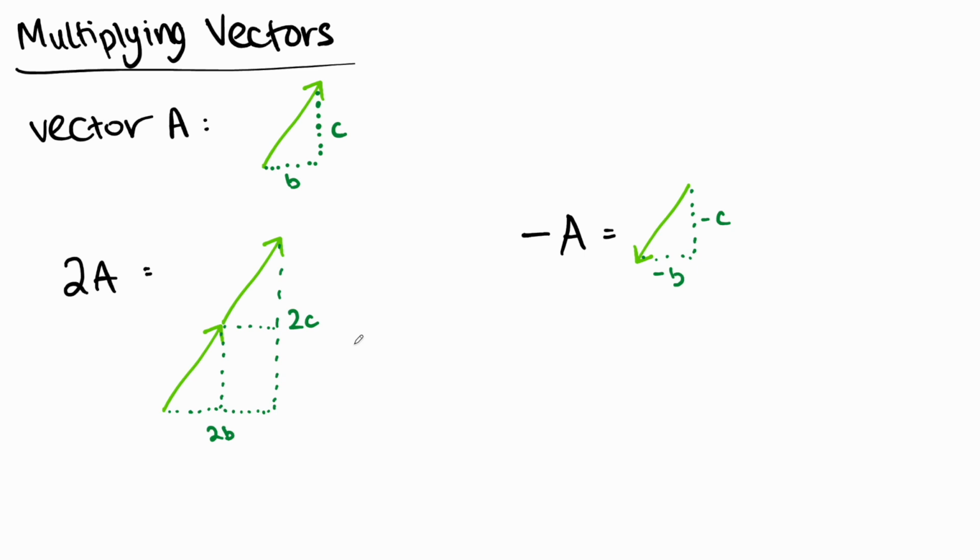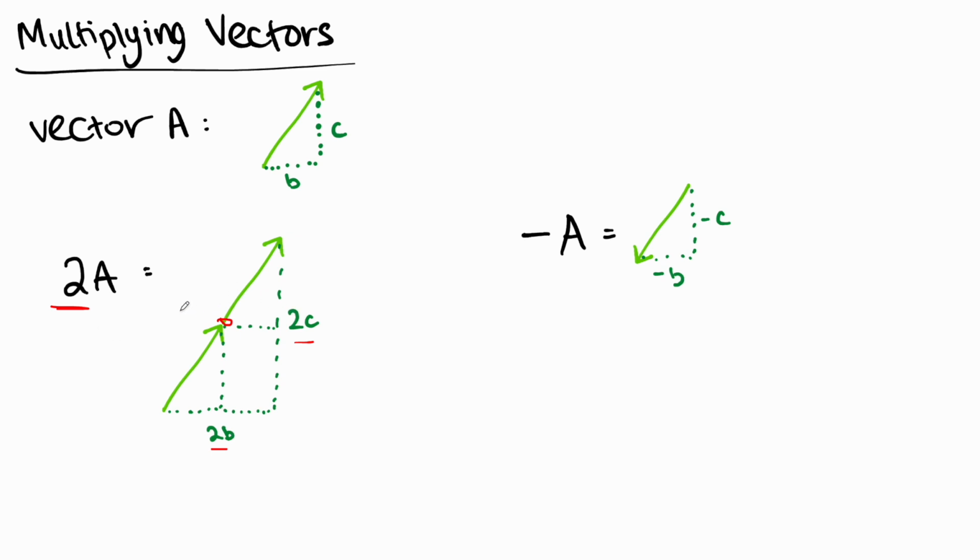So I'm also going to cover multiplying vectors and adding them. First, for multiplication, we have a hypothetical vector A here with horizontal and vertical components of B and C respectively. So if you multiply, for example, by 2, you just put these two one on top of each other, where the tail, the end, touches the arrow of the previous one, and it just multiplies the horizontal and vertical ones by the same amount you've multiplied the normal vector by.